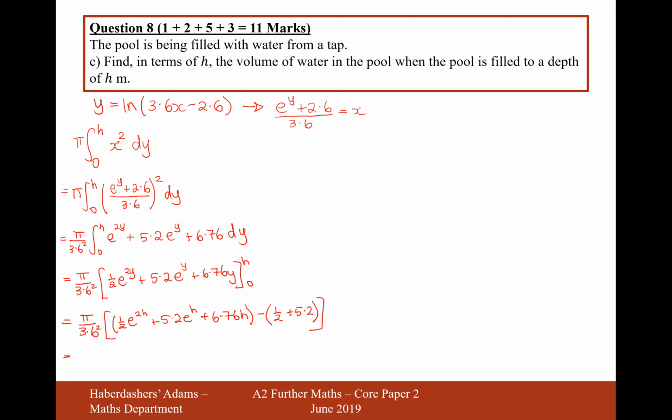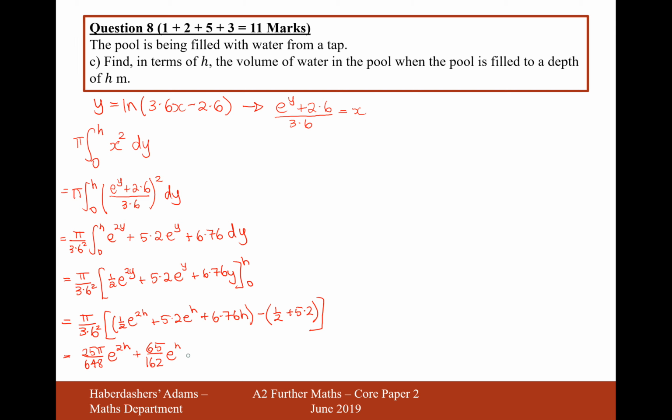So that's going to be 25 over 648. 25 pi over 648 e to the 2h. I always prefer fractions. Then it's going to be 5.2 divided by 3.6 squared, and that's going to give us 65 over 162 e to the h.